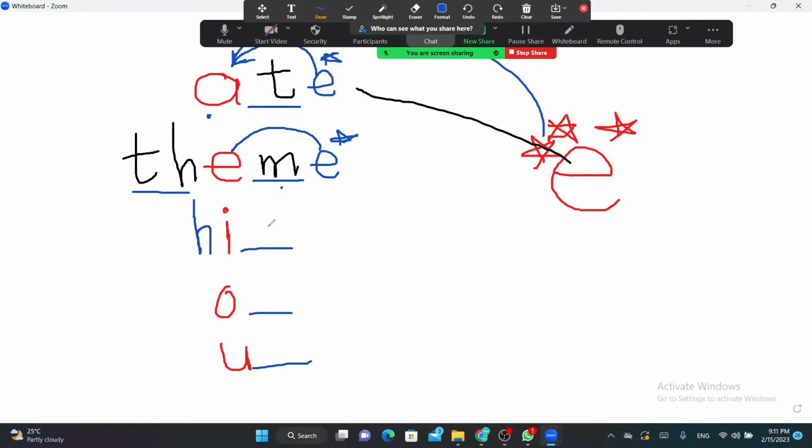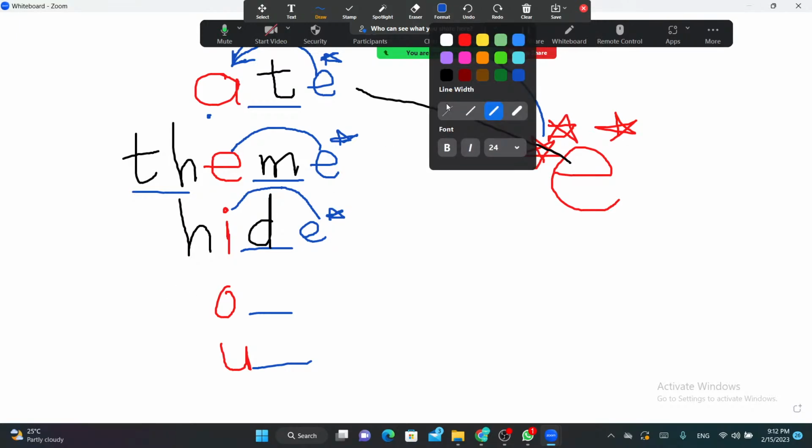Okay, let me change the color. If the word is hid, the short I is here. Now let's write the magic E at the end. And what will the magic E do? Short I will say the long I sound: hide.